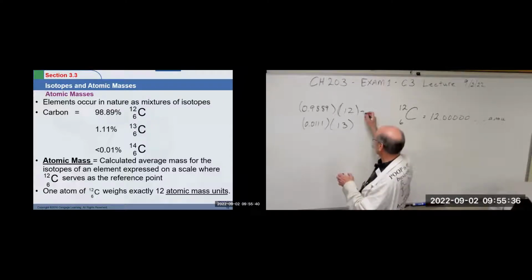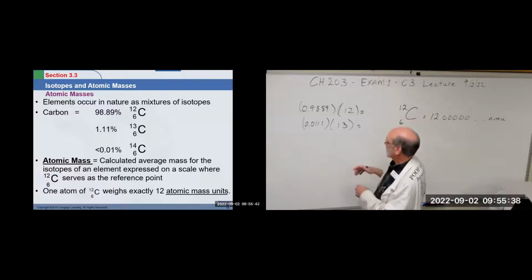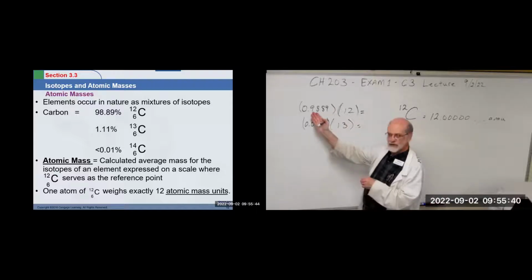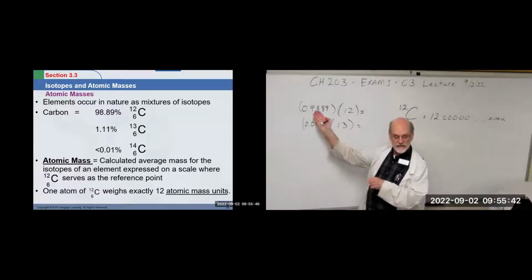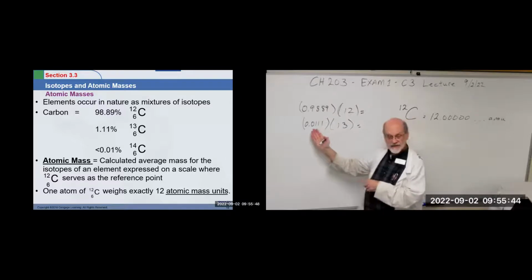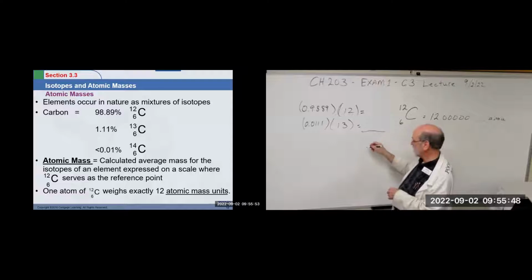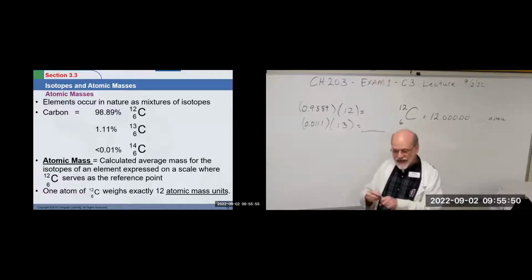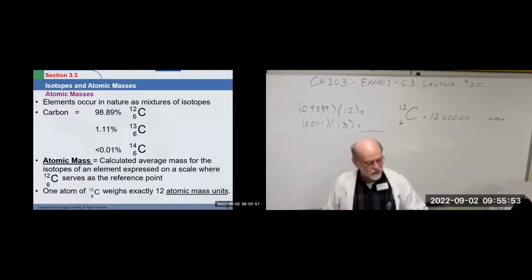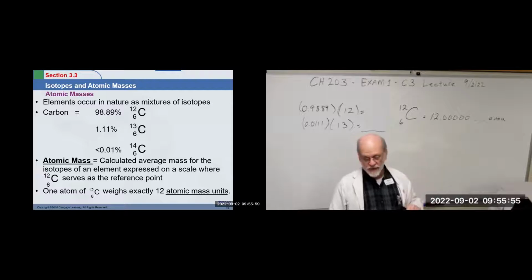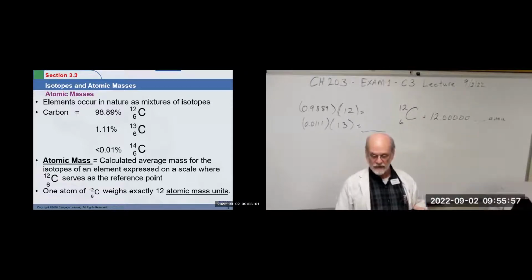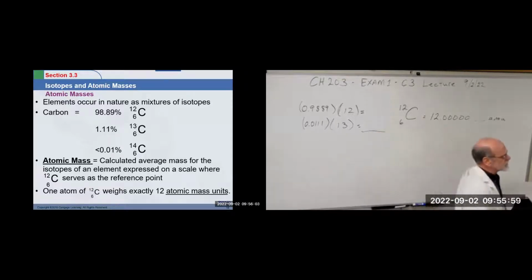And if you take this calculation and you say, all right, the contribution of 12 is that much, that fraction of the average, and the contribution of 13 is that fraction of the average, and you get a number here and you get a number here, and you add them together and you get a number there. And that number is the number that's reported on the periodic table for carbon. And let me see.